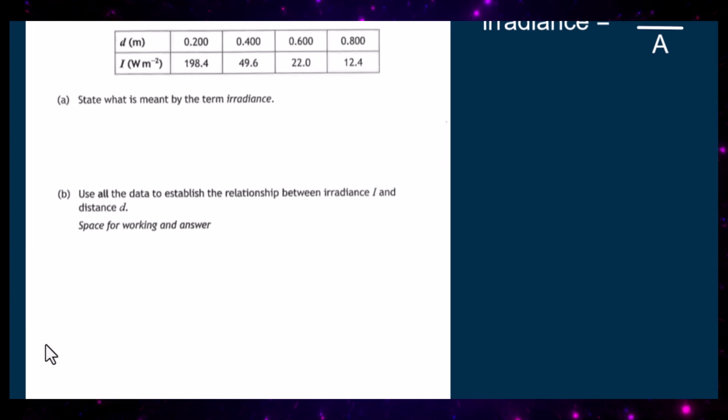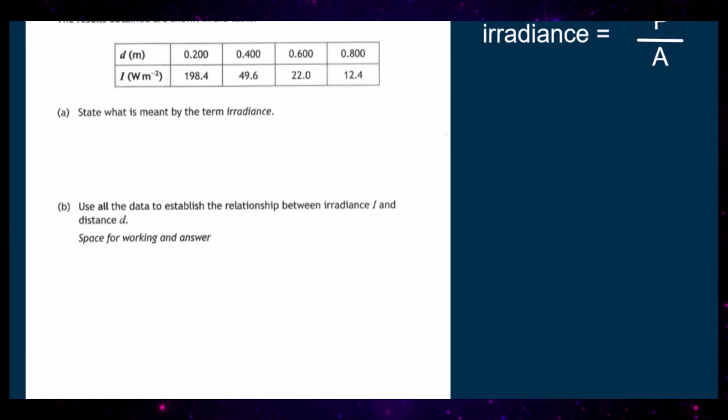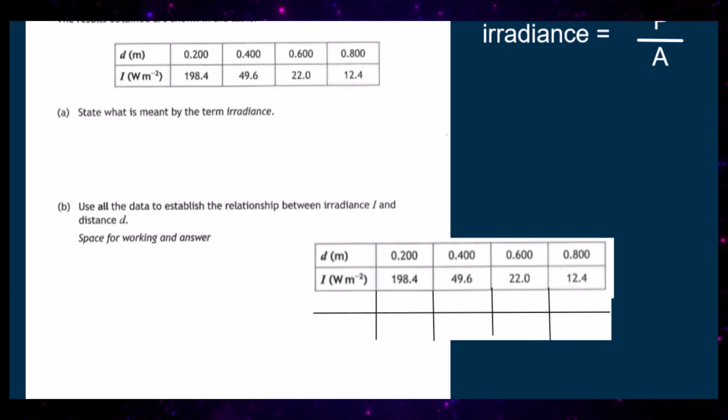Now part B is asking us to use all the data to see if we can establish a relationship between irradiance I and distance d. When you see this, the first thing you should be thinking of is the inverse square law. So it's something to do with the square of the distance. Your first strategy is to draw out the table and add an extra row for the distance squared.